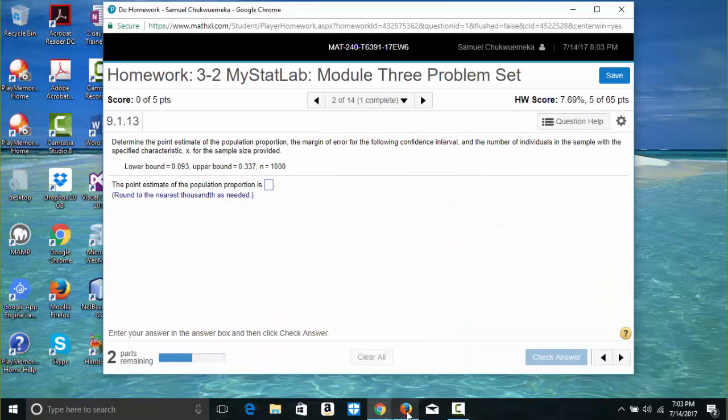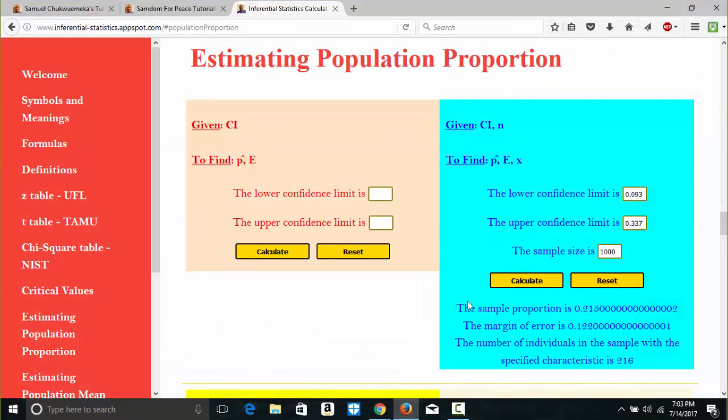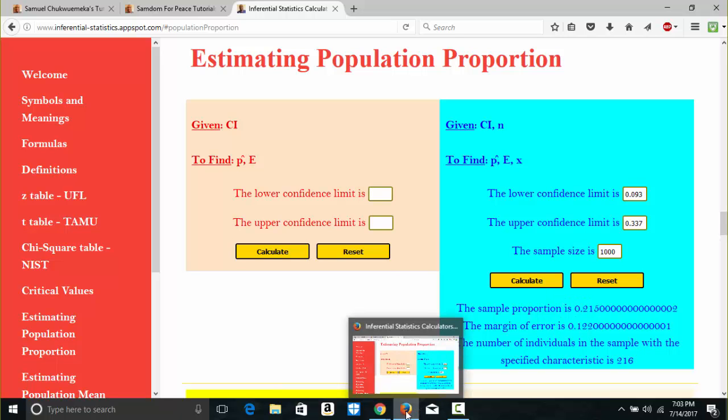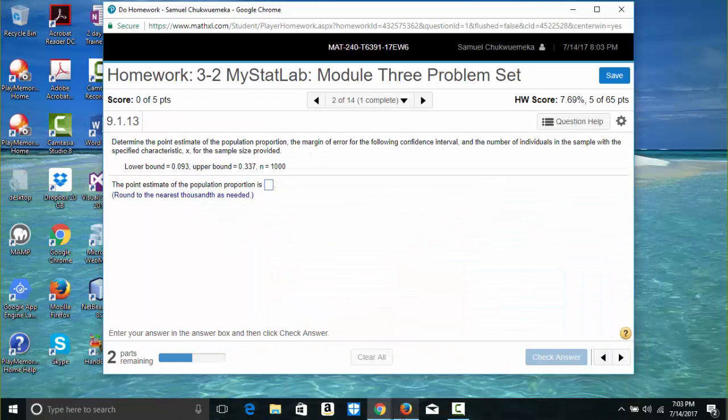So they want us to find a point estimate first. Round to the nearest 1000 as needed. The point estimate is the sample proportion. The sample proportion is the best point estimate of the population proportion. It is in the notes. Estimating population proportion.